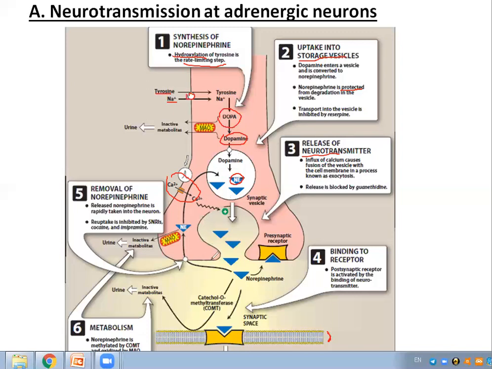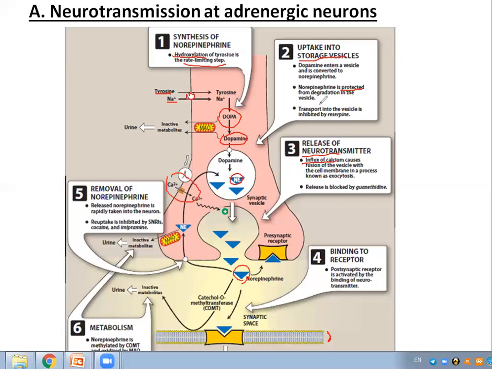This passage needs an entry of calcium. So the influx of calcium causes the fusion of the presynaptic vesicle with the presynaptic membrane. This fusion allows the neurotransmitters present inside the vesicle to be released into the synaptic space.